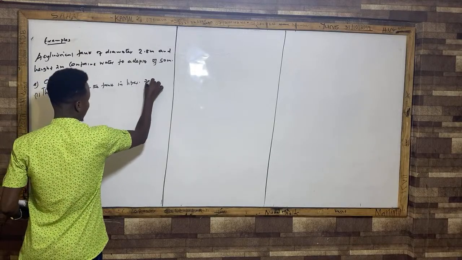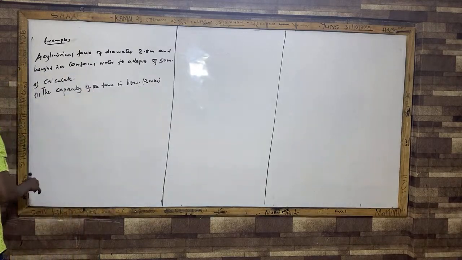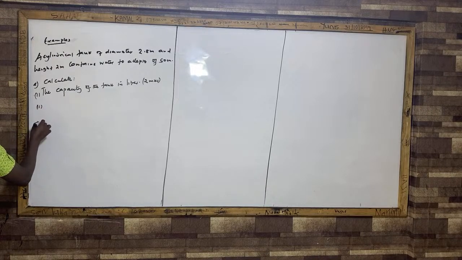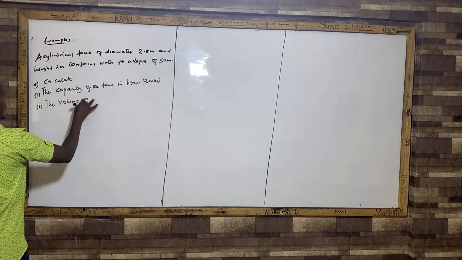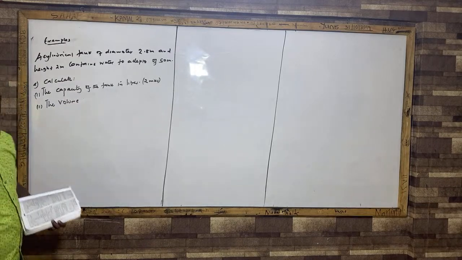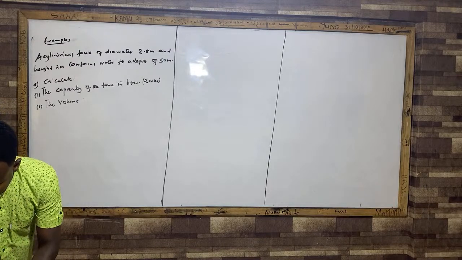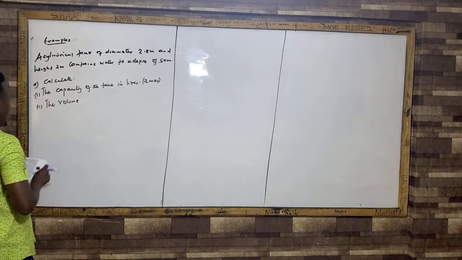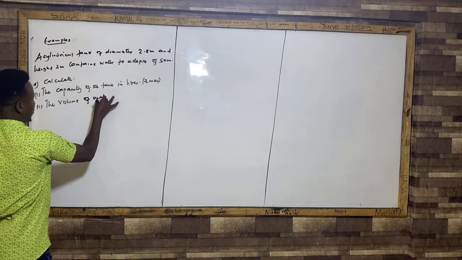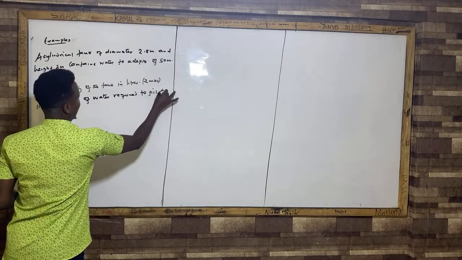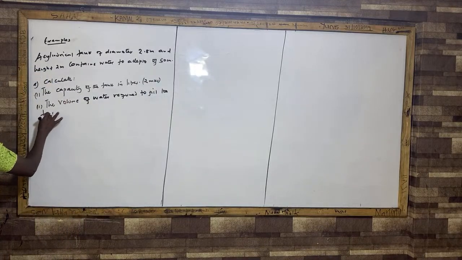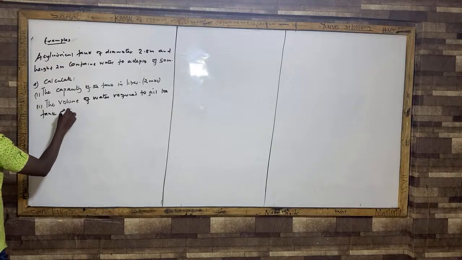This is 2 marks, okay? Then two, the volume of water required to fill the tank. That is carrying again 2 marks.